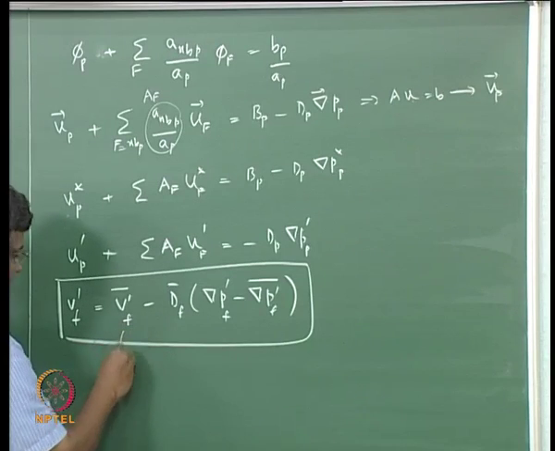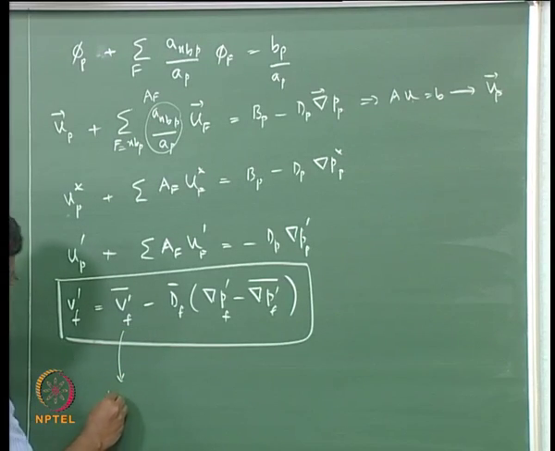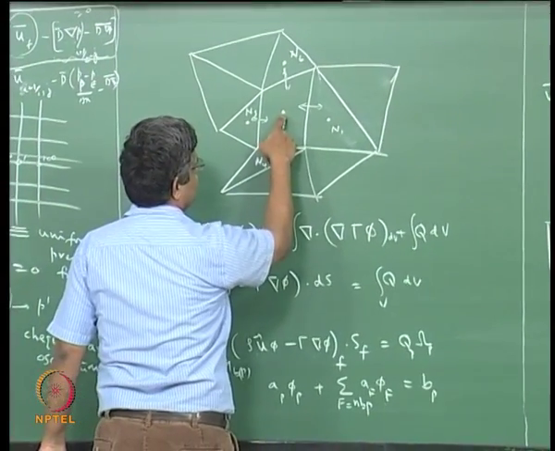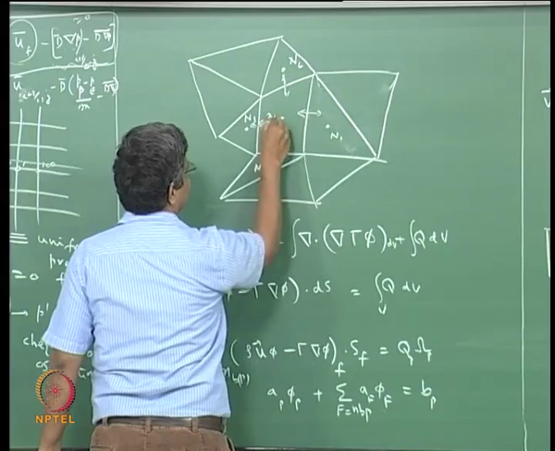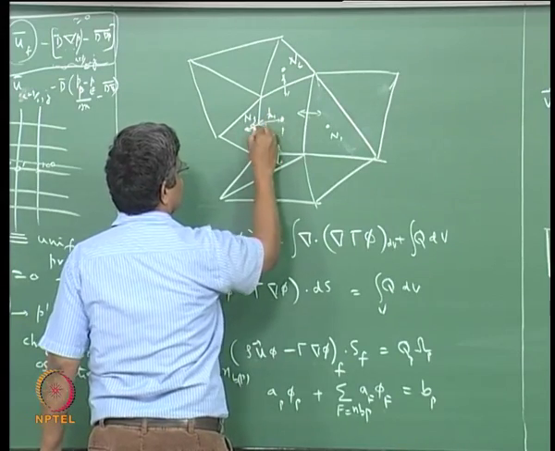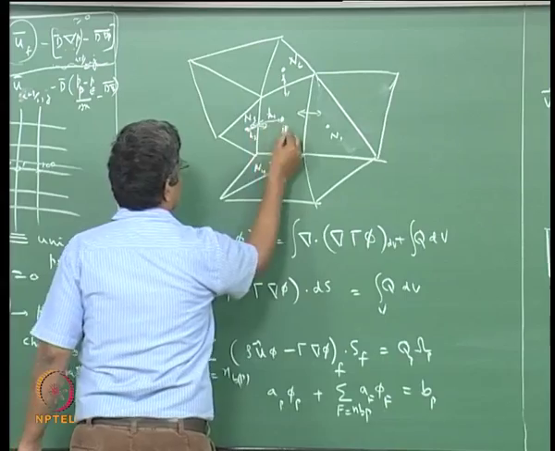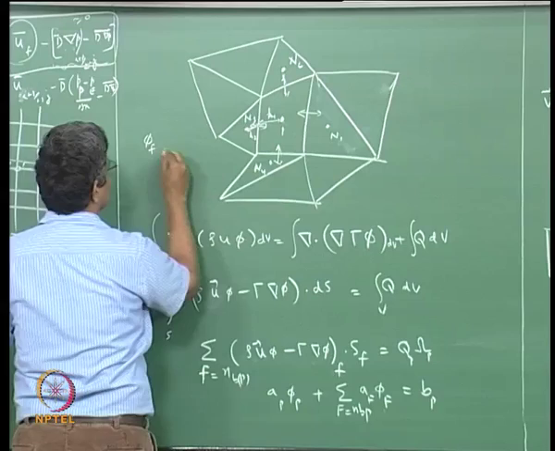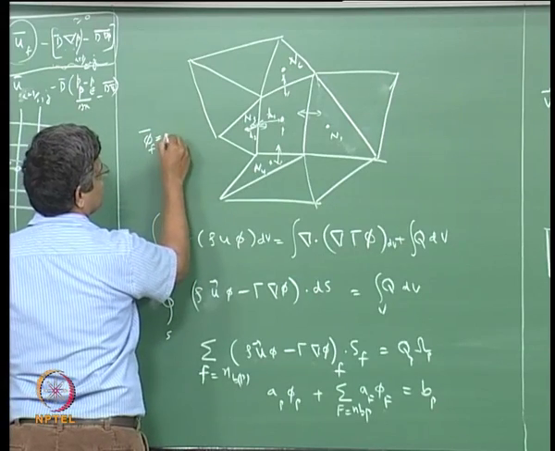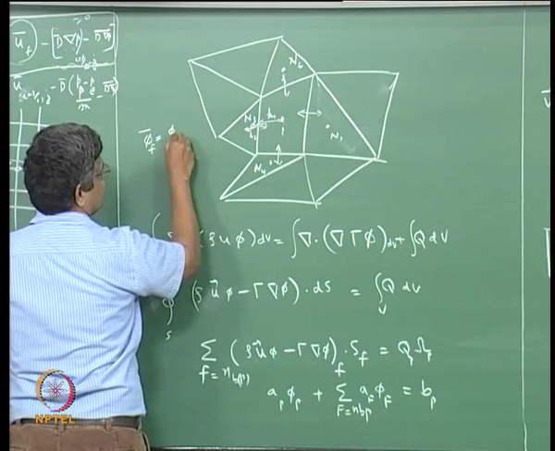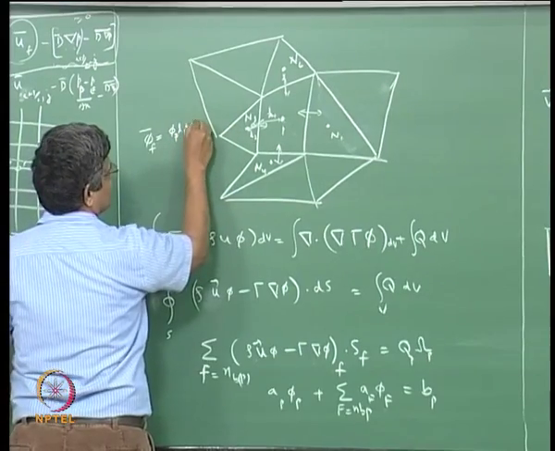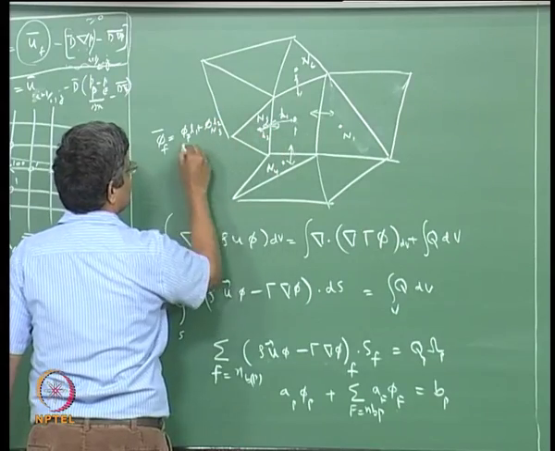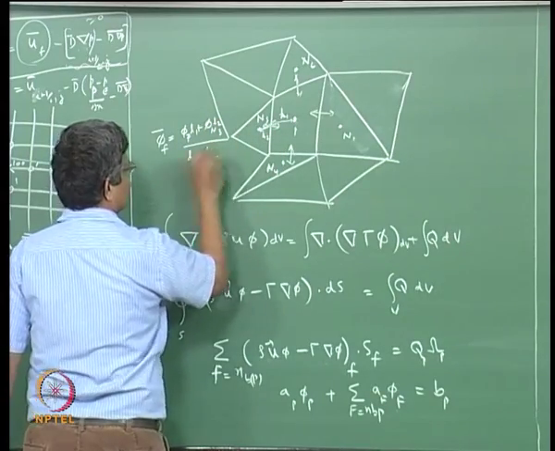For example, if you are considering this face here, and say this is x1 and this is x2, or L1 and L2 here, then phi f interpolated will be given as phi P times L1 plus phi N3 times L2, divided by L1 plus L2.